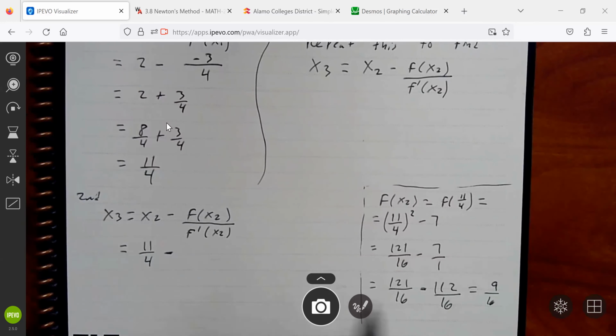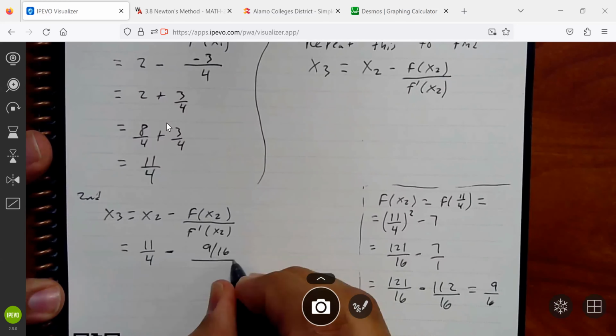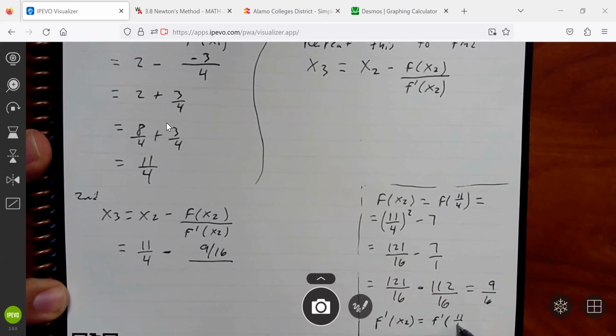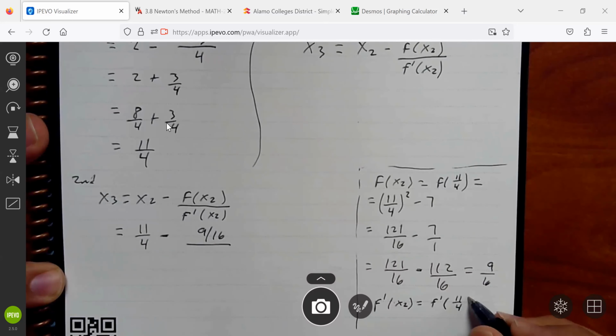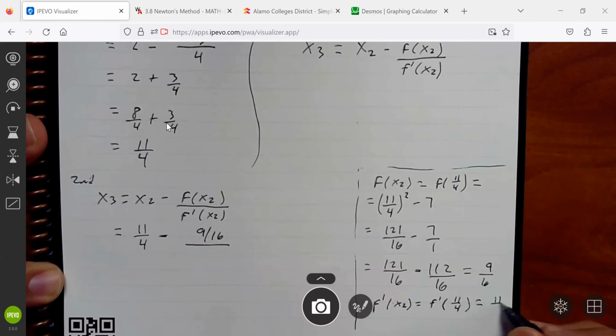Okay. So this becomes 9/16 over. Now the derivative at x2, which is equal to the derivative at 11/4, that will be 2 times that, so 22/4. That's 11 halves.